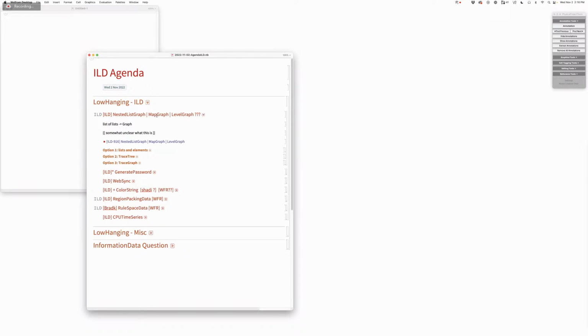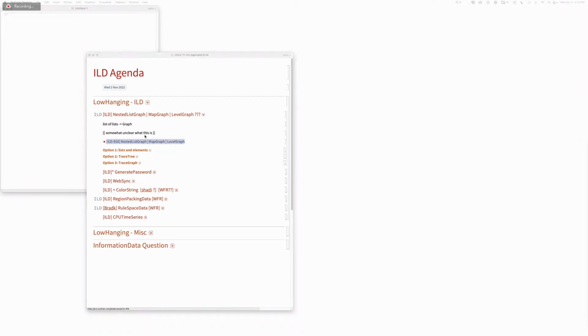Nested list graph. Isn't this exactly what Brad has been working on with graph evaluation, with the directed acyclic evaluate and things like this, or is this something different?